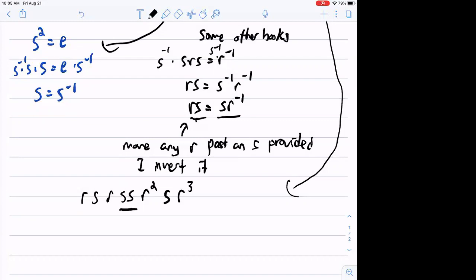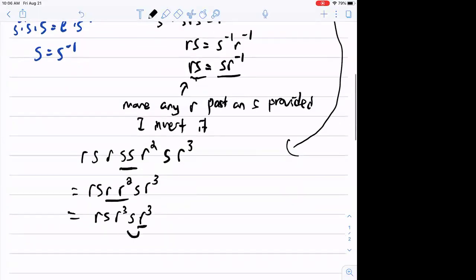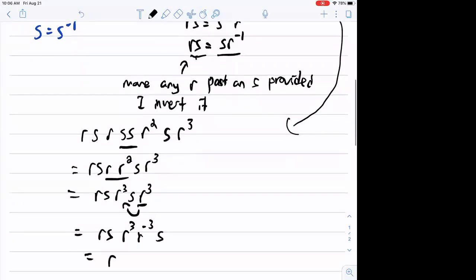Here s squared is identity, so this is just r squared s r cubed, which is r cubed s. Now what this law says is I can move this past the s provided I take the inverse. Now I get r s s, but s squared is identity, so I get r.